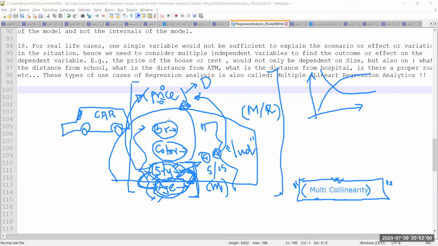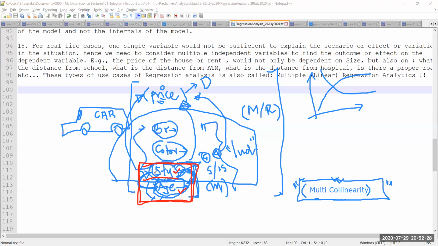I can easily and independently and very confidently try to find out what is the effect of style on the price of the car. Because style and age are interrelated, I'll have to unfortunately pick another color. And then out of these two, I have to select only one. Either I go with style or I have to go with age. I cannot go with both anymore, because if I take both, the variation caused by both of these variables are getting summed up.